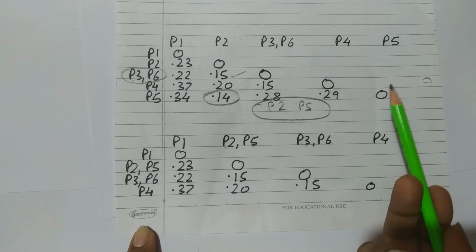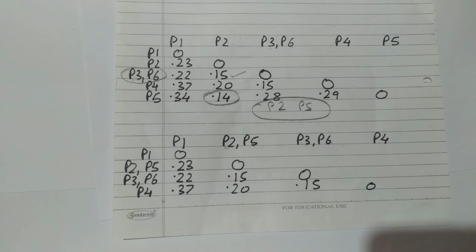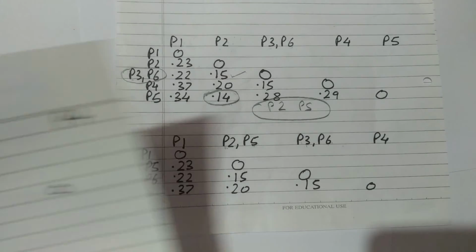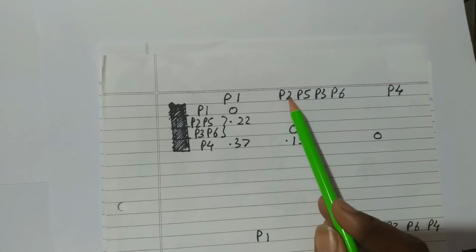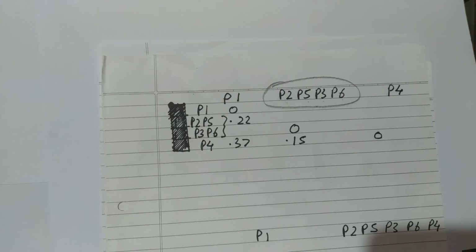As we did previously, we will again modify our matrix. Now looking at all the values of this matrix, we will again form clusters like this. The new cluster formed is P2, P5, P3, P6 as one single cluster.